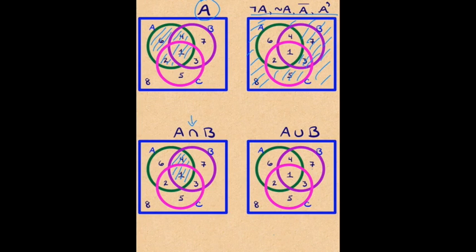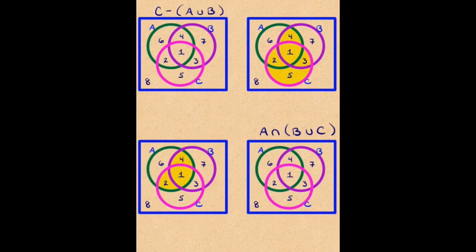In the bottom right, you have this symbol, which represents A or B, which is the union. So that would be 6, 2, 1, 4, the union of A with B. So that would include 7 and 3. Okay.